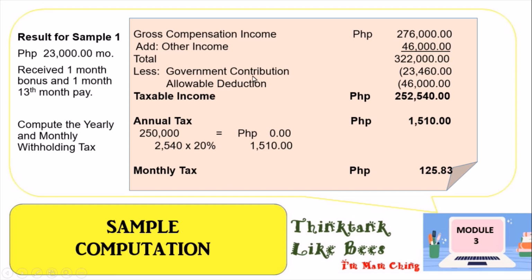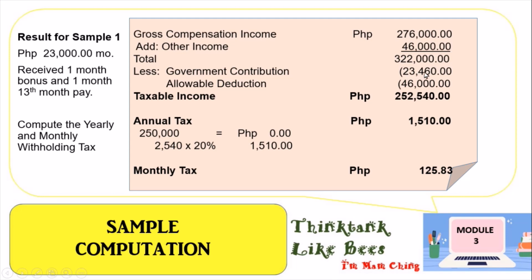The government contribution is 23,460, and the allowable deduction is 46,000. Why 46,000 and not 90,000? Because you only have other income of 46,000, so your allowable deduction is also the same.